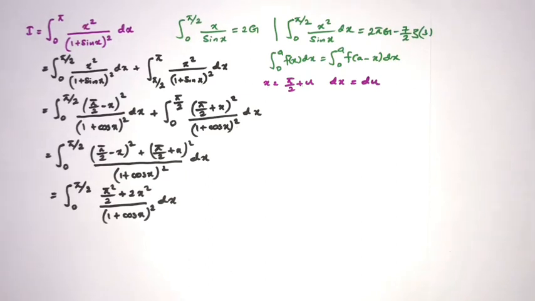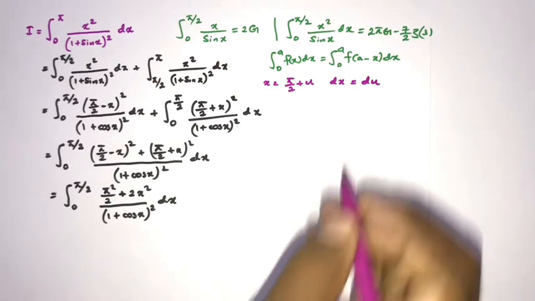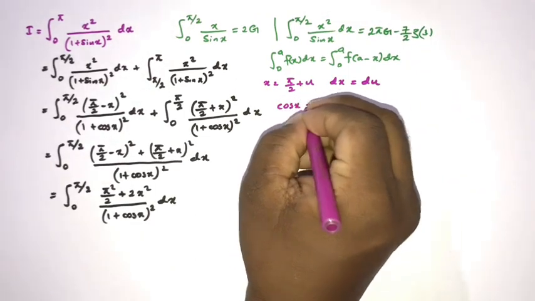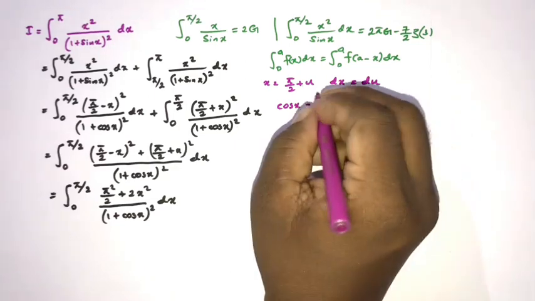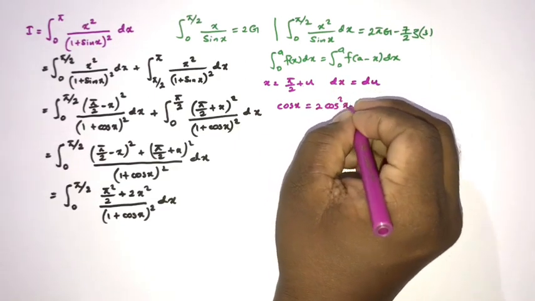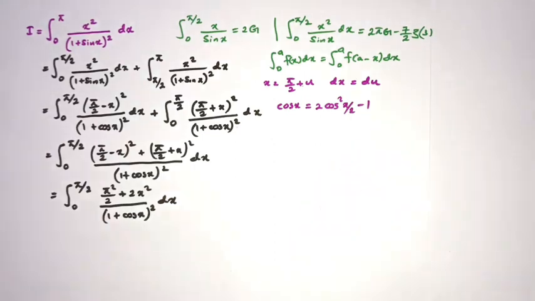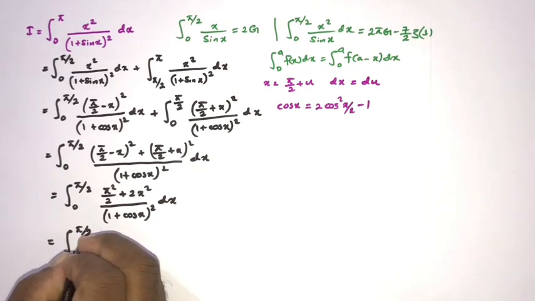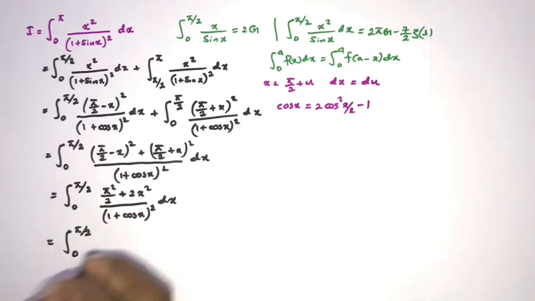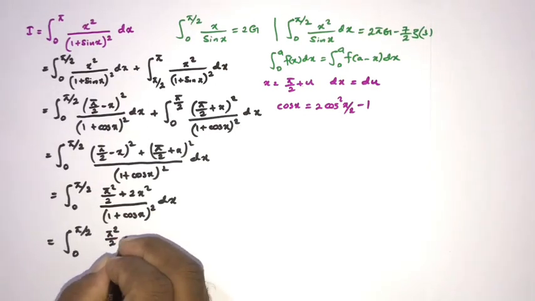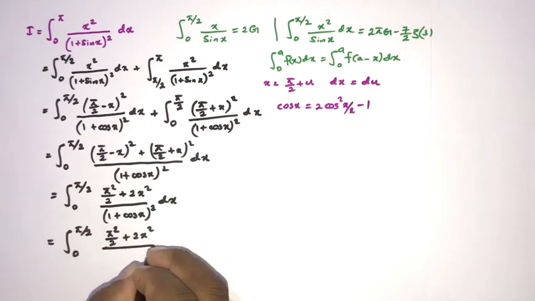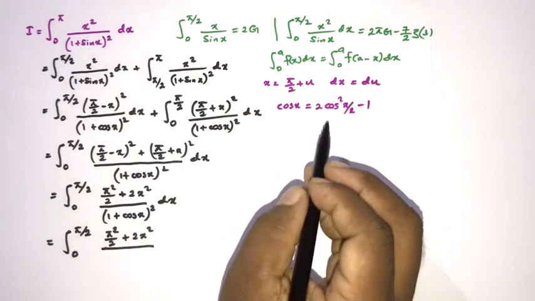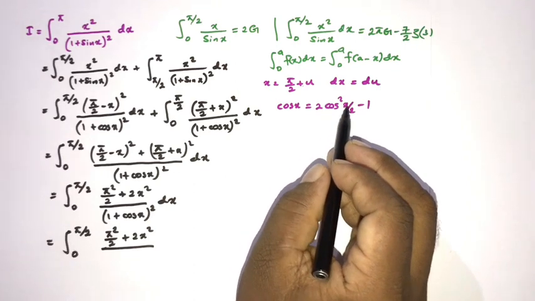Okay, now we can simplify the denominator. We know cosine of x we can represent as a half angle, so 2 times cosine square of x over 2 minus 1. Therefore we can write our integral is equal to integral from 0 to pi over 2 of pi square over 2 plus 2 times x square over, now 1 plus cosine of x, we know 2 times cosine square of x over 2 minus 1.